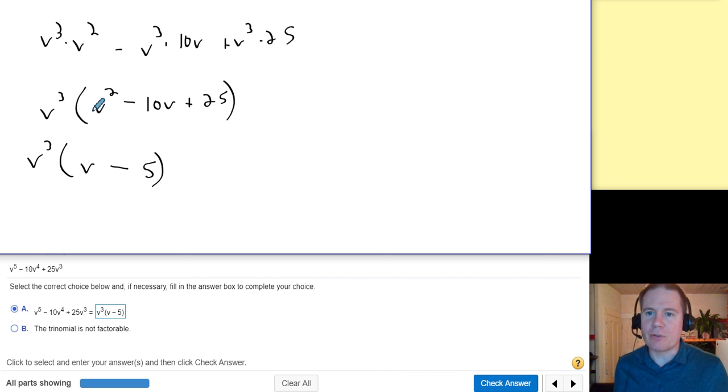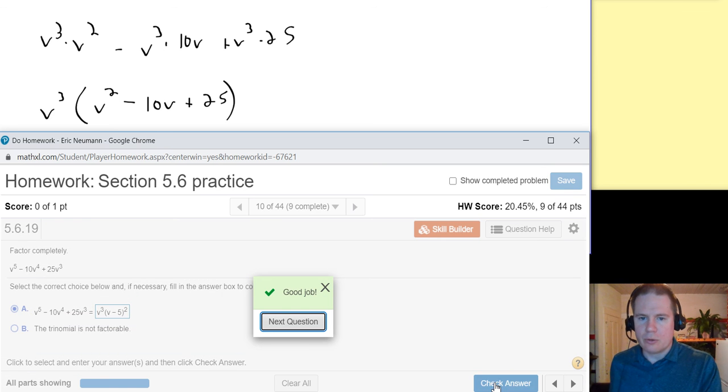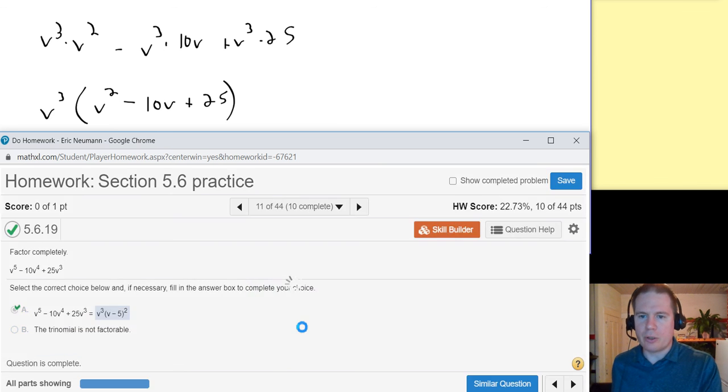V minus 5 does not equal v squared minus 10v plus 25. V minus 5 squared is v squared minus 10v plus 25. Two mistakes in a row. There we go. Maybe I need to take a break.